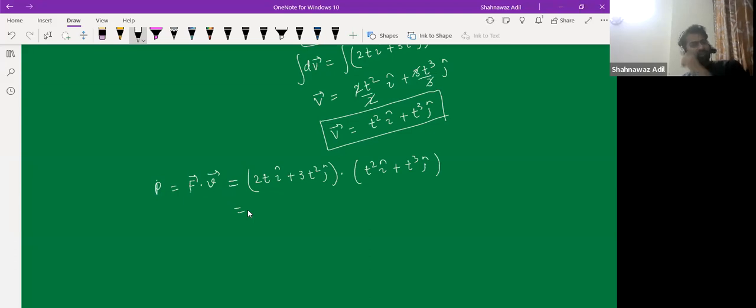In a dot product, which terms survive and which do not?